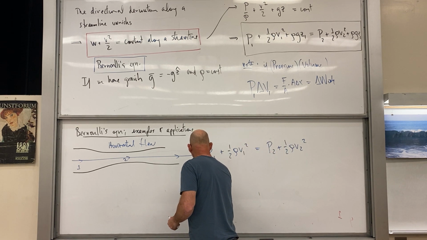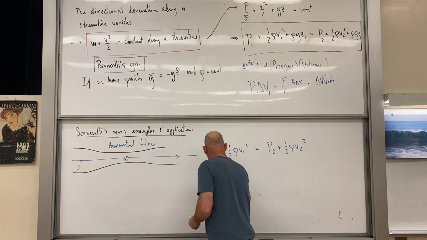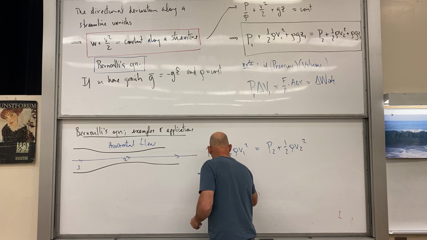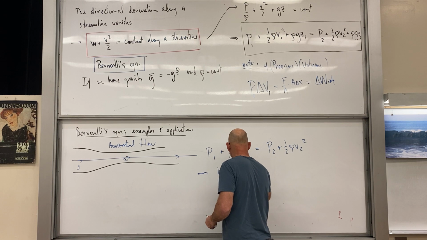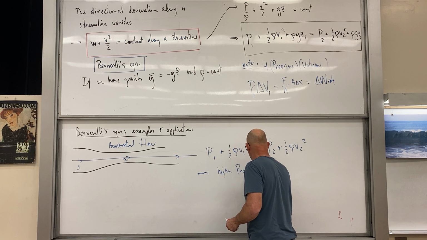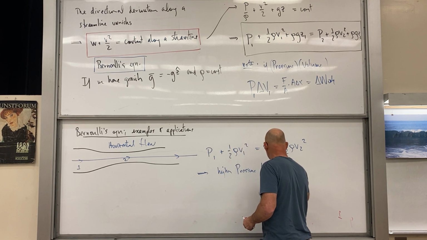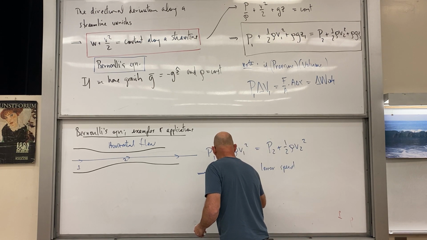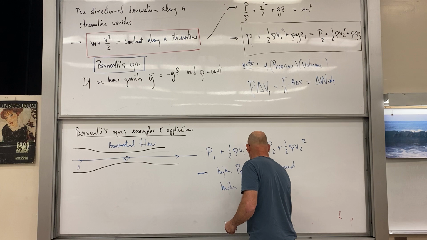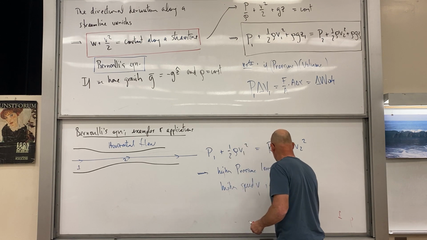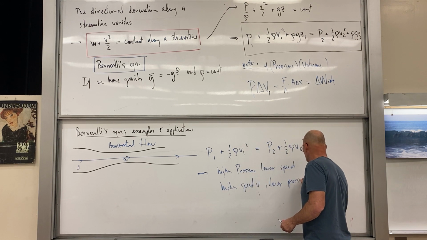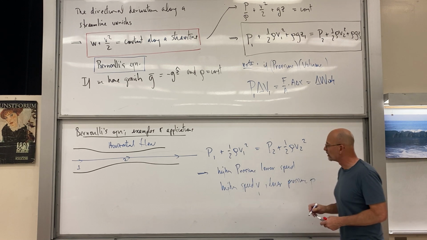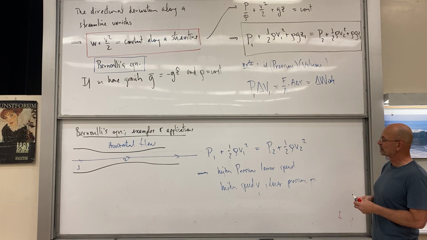So immediately with the constriction, we have higher pressure, lower speed, higher speed V, lower pressure P. So that's one interesting application there.